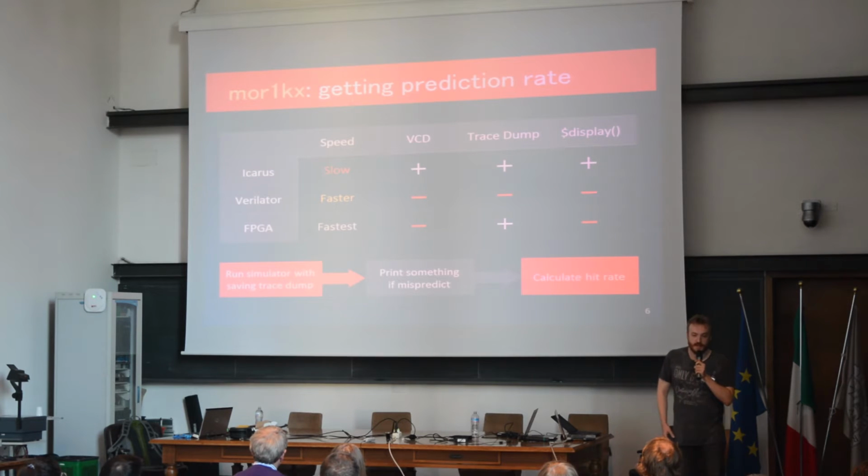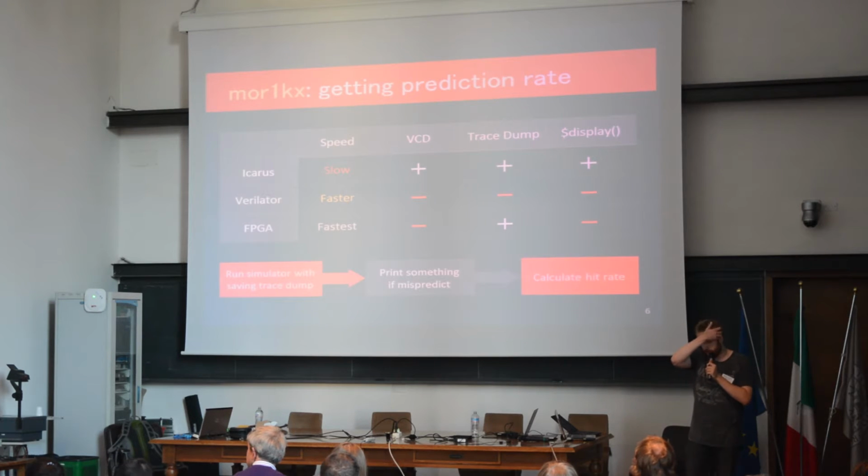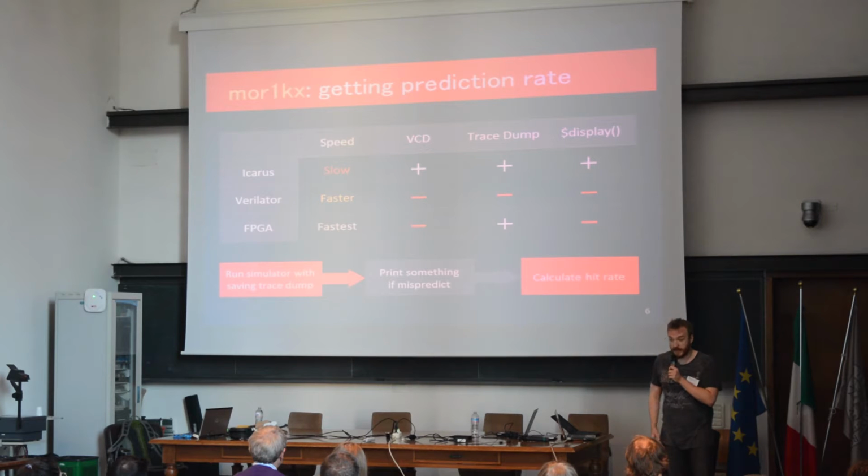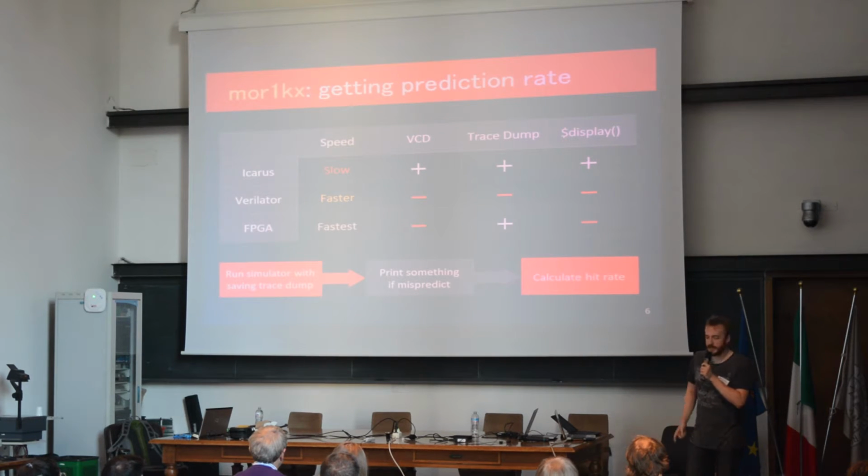We used FuseSoC, and the approach was that we could dump a VCD file and then count mispredict events. It was not a good solution. A better one, but still very naive, was to add a print function at the place where we detect a branch mispredict.